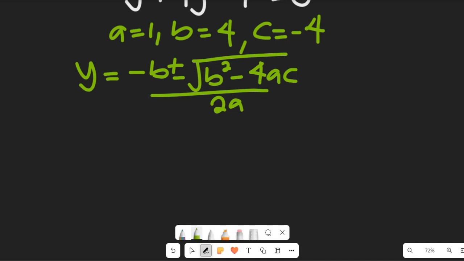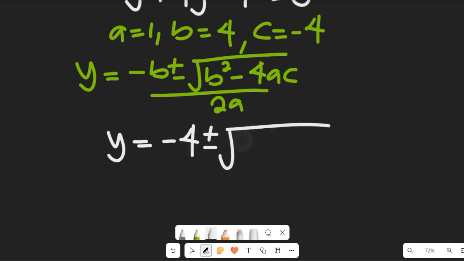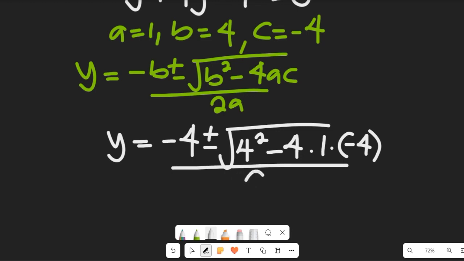So what do we have here? The value of our y will be equal to negative 4 plus or minus the square root of 4 squared minus 4 multiplied by 1 multiplied by negative 4, and all these will be divided by 2 multiplied by 1.